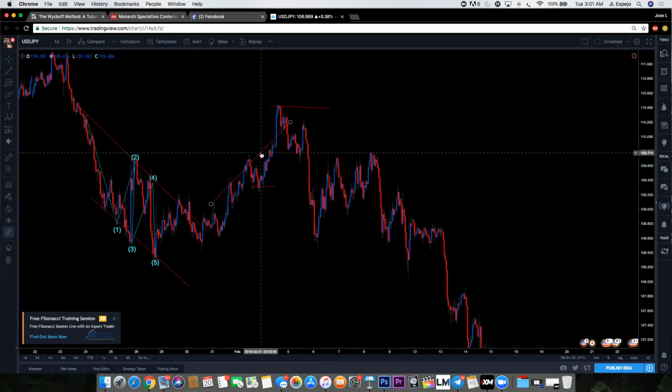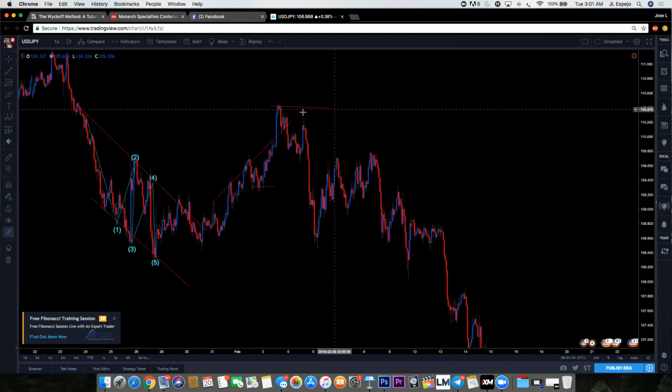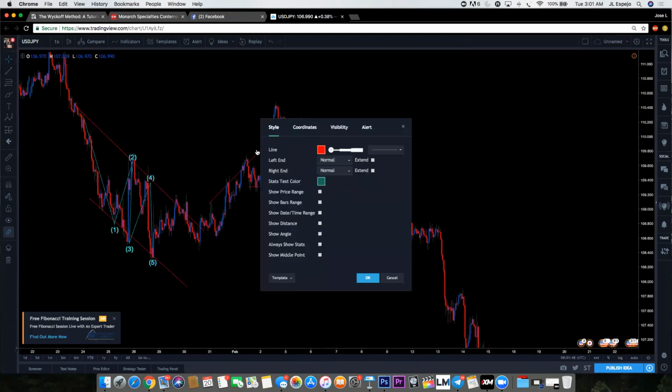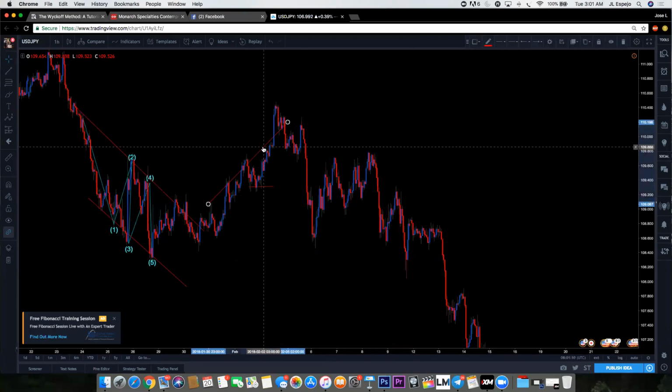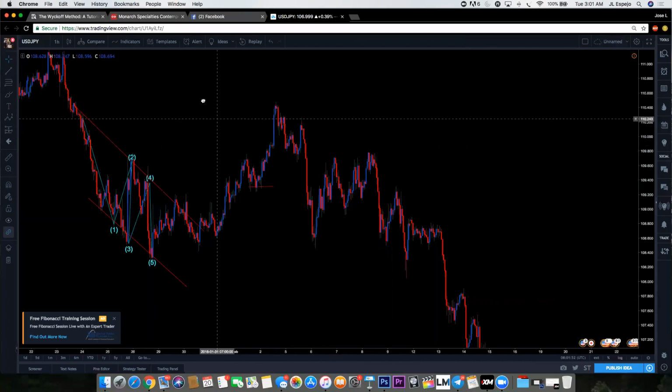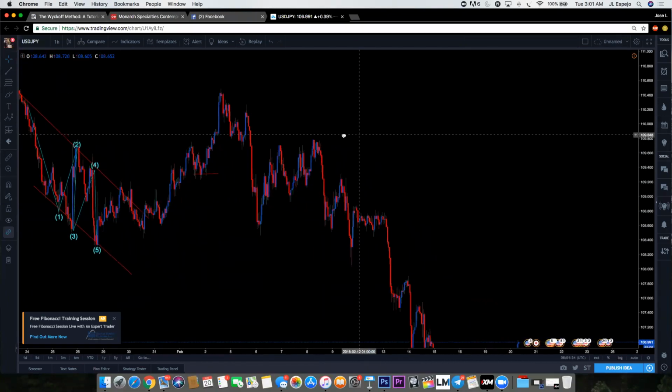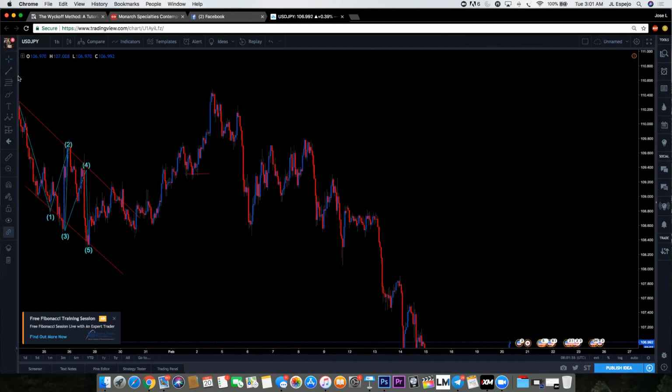So let's go ahead and find a valid area where we can attack this. Here I'm seeing a clear uptrend, and I can confirm its channel.